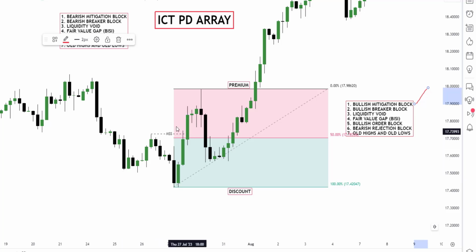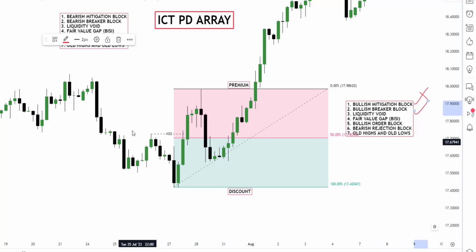Do we have a bullish mitigation block here? I cannot see a bullish mitigation block right there. All right. So if I cannot see a bullish mitigation block, what next do I have on my PD Array? It's a bullish breaker block, which is right here. Let's say bullish breaker block.